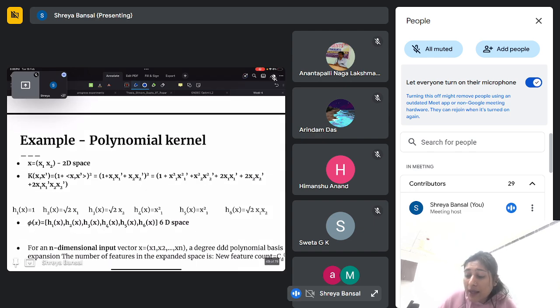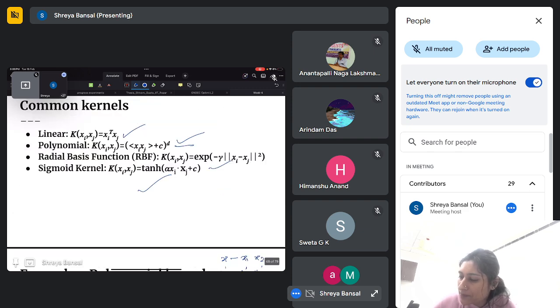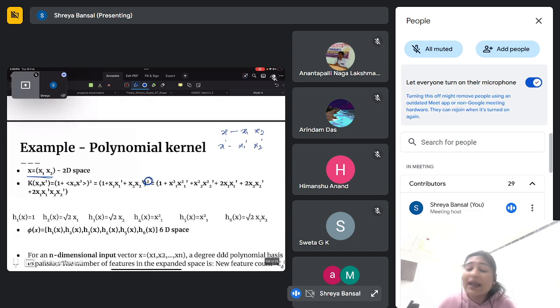Just think about it. There is a point x defined in 2D, which means x is x1 and x2. x prime is also x1 prime and x2 prime. It means it is in 2D space, and I want to convert it into D dimensional space. That space is to be defined as a polynomial of degree 2. Let's say I have a polynomial kernel with degree 2. It is defined by this formula: the inner product plus c, to the power of the degree.